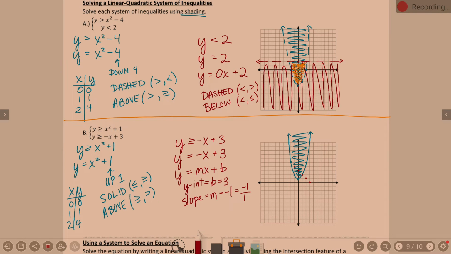Up 1, left 1. Man, those would be nice, easy points if we needed to know those intersection points, wouldn't they? I just landed them both, but I don't need to know those. Okay, what kind of line am I drawing? A solid line? Yep, because it is equal to, again, a solid line.